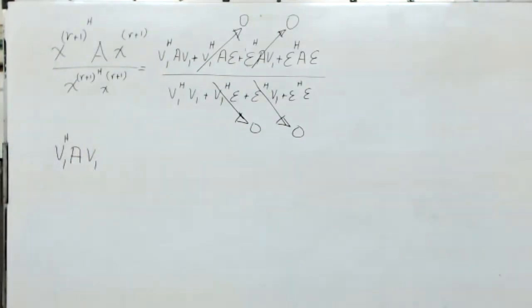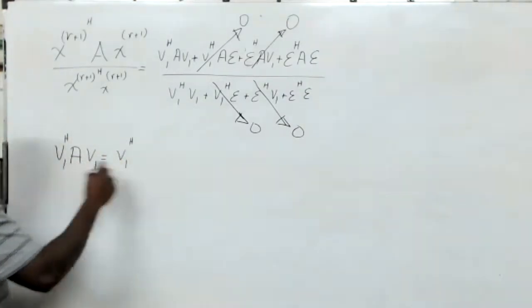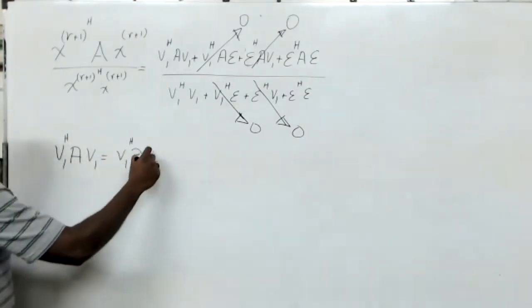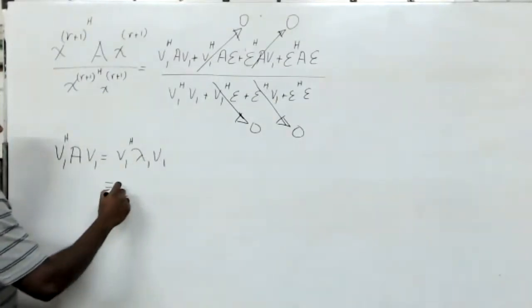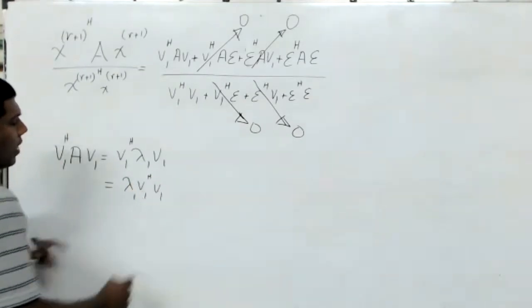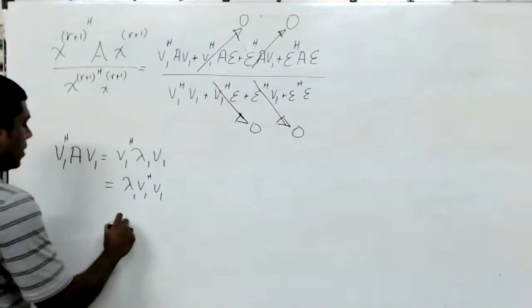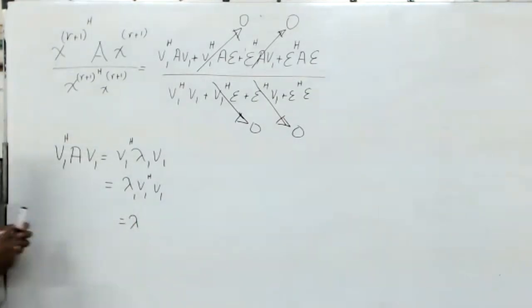Now we can easily see that V1 times A times V1 Hermitian is easy: V1 Hermitian A V1 is lambda 1 V1 Hermitian V1, and because V1 Hermitian V1 is 1, this turns out to be lambda 1.